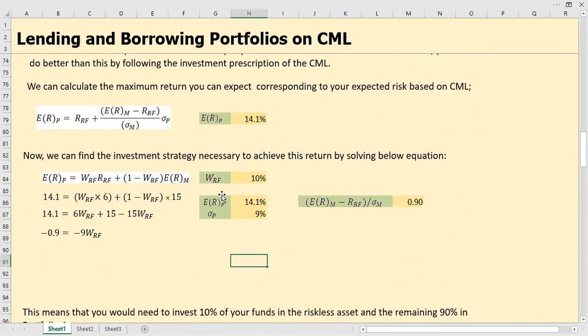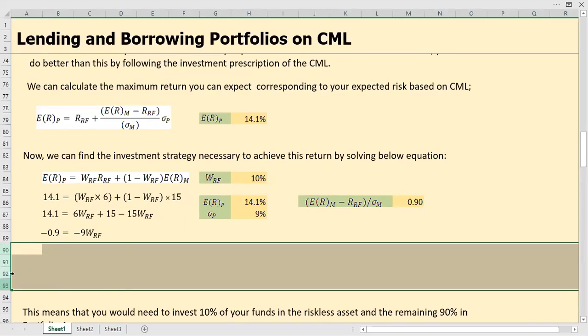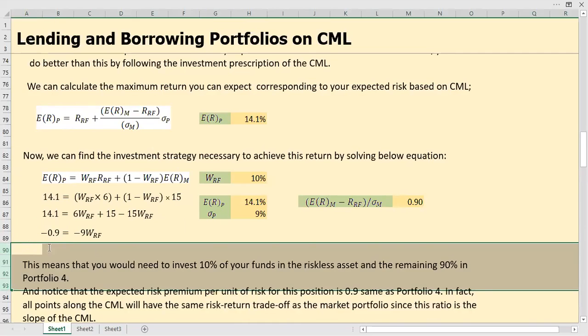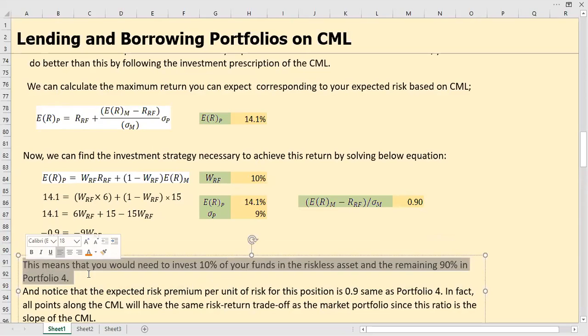Right. So this is actually a lending portfolio, where you can go for higher return. So how do you identify this lending portfolio? 10% of your funds are in the riskless asset and the remaining 90% is in the market portfolio.